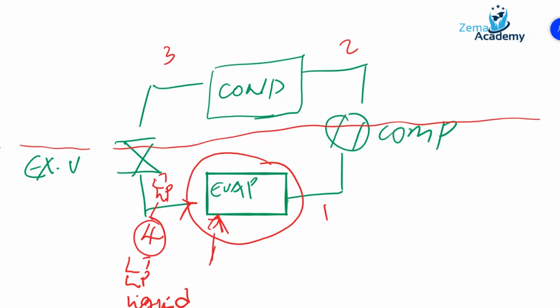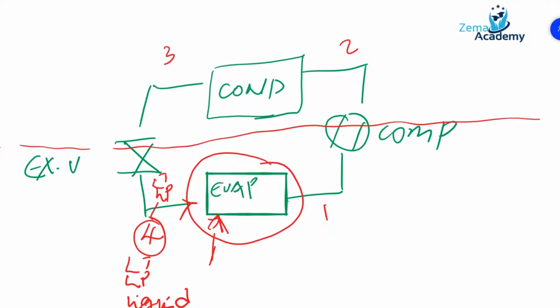As it travels through the heat exchanger, the evaporator, the refrigerant boils. The advantage of using a refrigerant is that it boils at a very low temperature.